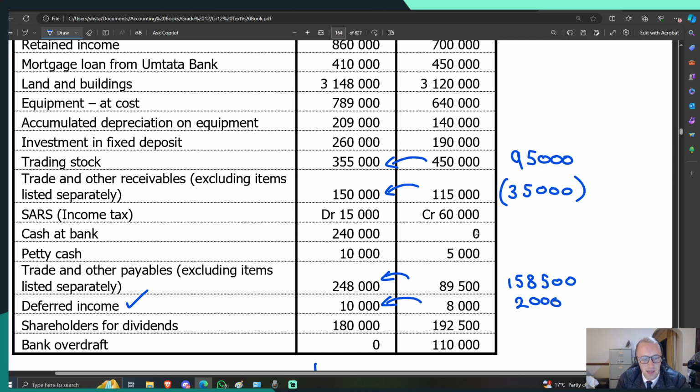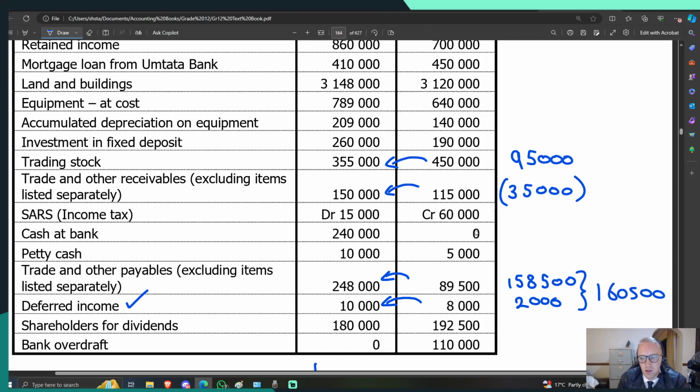Both of these amounts, trade and other payables and deferred income, both of these liabilities increased from the one year to the next. An increase in a liability can be considered a cash inflow, just as a decrease in a liability over a year would be considered a cash outflow. The two of these together would be 160,500.